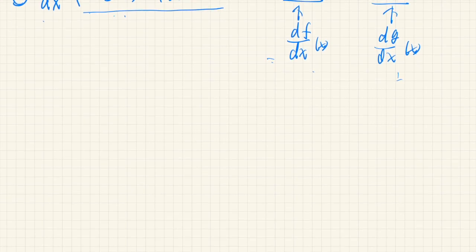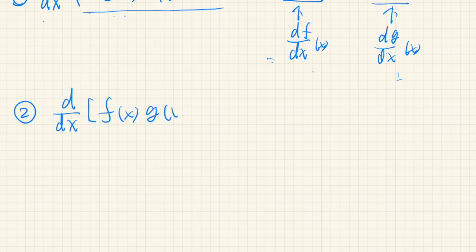The second property is about the derivative of a product of two functions. This is not equal to the product of derivatives. Don't make this mistake.